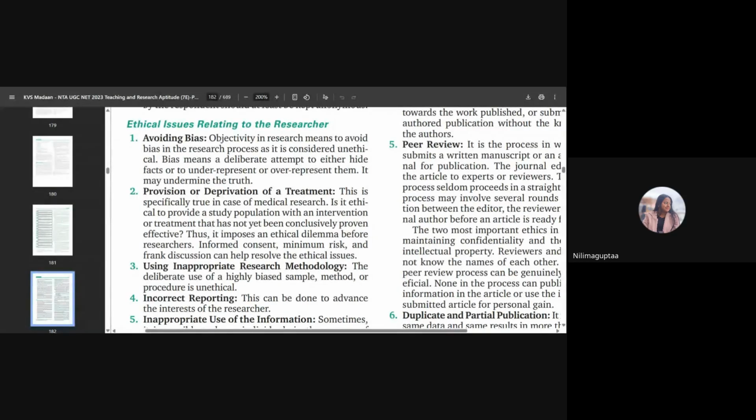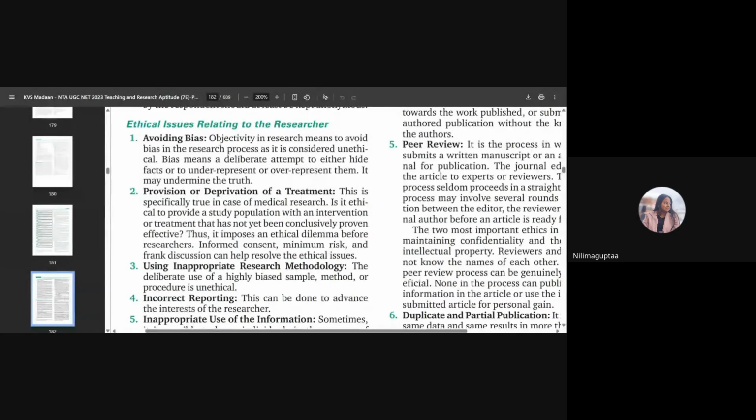This is especially true in medical research, where it is ethical to provide the study population with an experimental intervention or treatment. But it imposes some ethical dilemmas like consent and the risk that is there, and a frank discussion can help to solve these ethical issues.